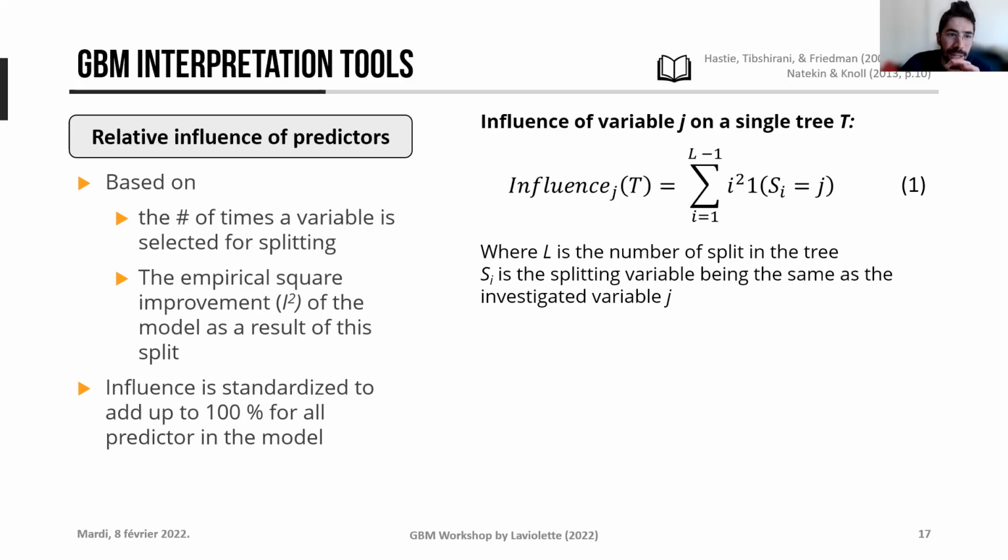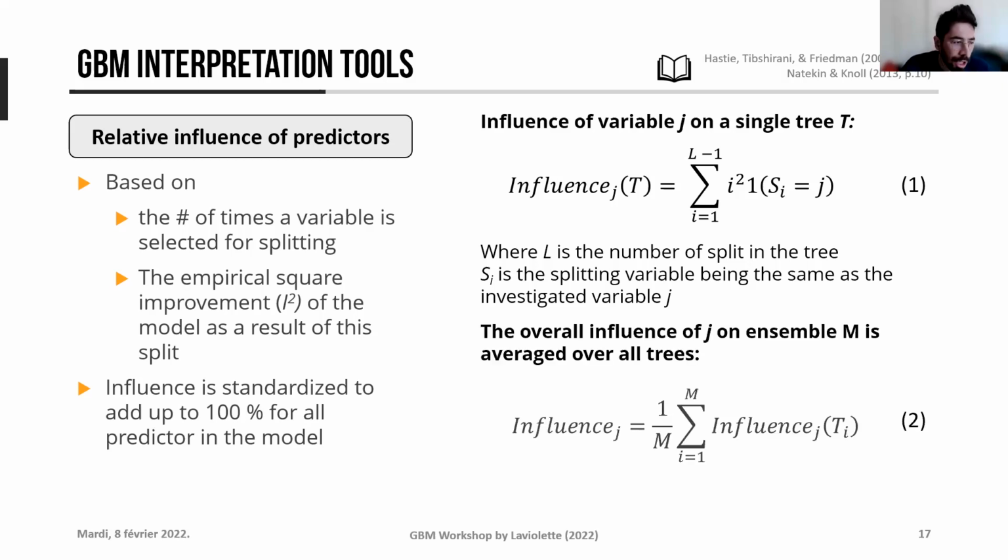That's the difference between adding this variable with this tree to your model and not having it, in a way. And then you calculate the overall influence of your variable j on the ensemble M of all the trees by averaging its influence over all trees in your model. I don't know how clear that is.